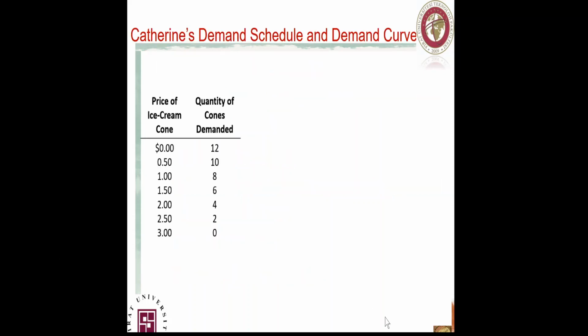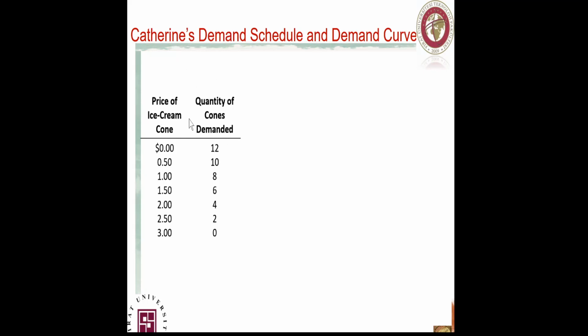And here is what I was explaining earlier, now with a schematic diagram, so that you will understand. Now look at the demand of an individual. This is Catherine's demand. It could be any person, just an individual who's consuming ice cream. Ice cream is just a good, a product that the person is buying.